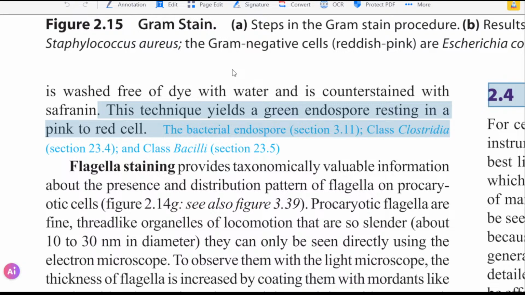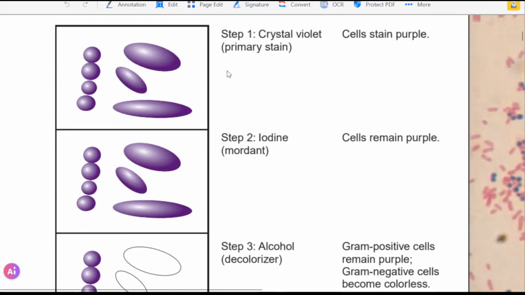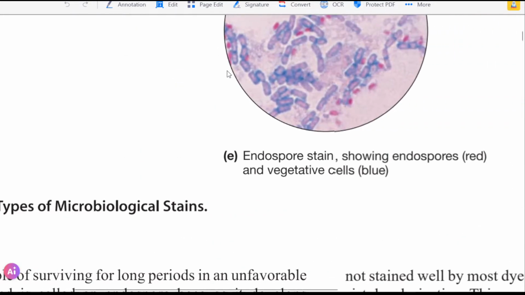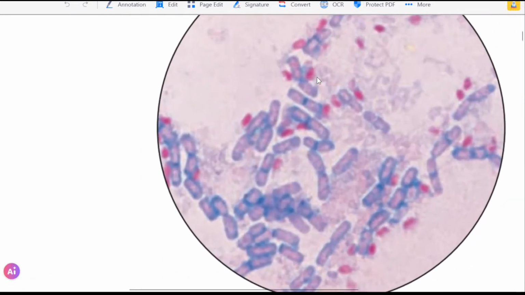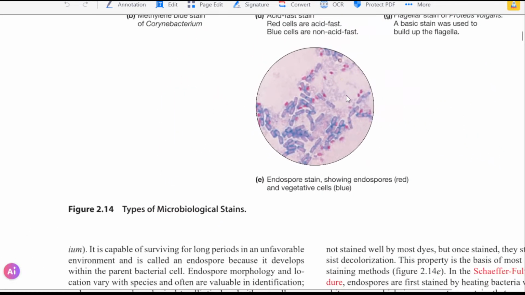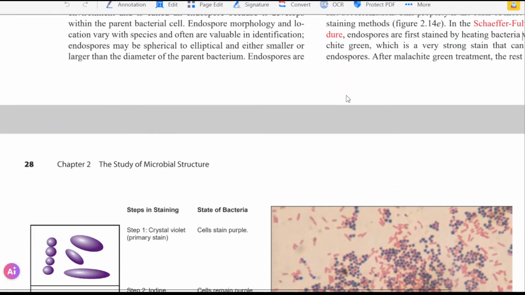But the cell, on the other hand, can be washed and another stain can go above the previous one. So the endospore is green while the cell itself is pink. In this microscopic picture, they didn't show the green color of the endospore. They are just showing the red, pink cell that is producing the endospores.